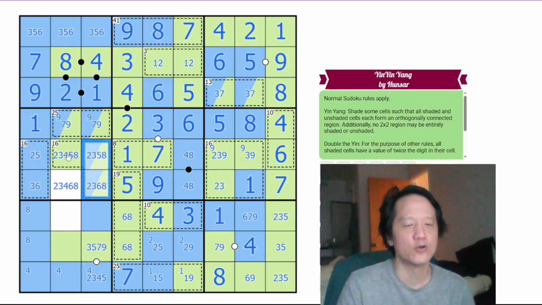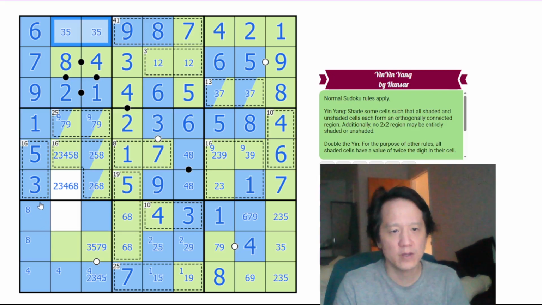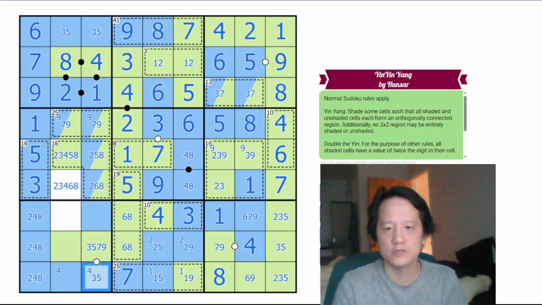So therefore you can't have 2, 8, or 4, 6 here. So 3 cannot be doubled. This must be a 2 doubled, which means this can't be 2. This has to be 5 and 3, which eliminates 3 and 5 here. So this is 6, which eliminates 6 here. That leaves the rest of column 1 as 2, 4, and 8, which eliminates 2, 4, and 8 in the rest of the box.